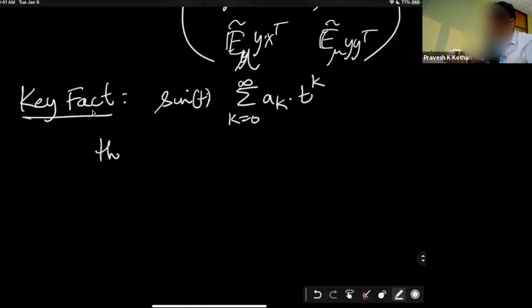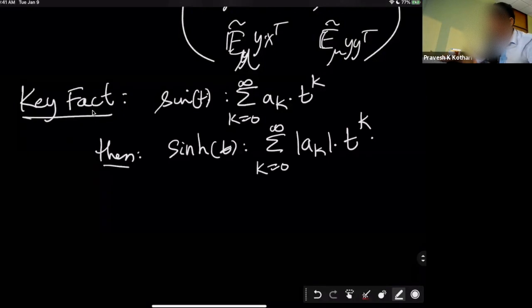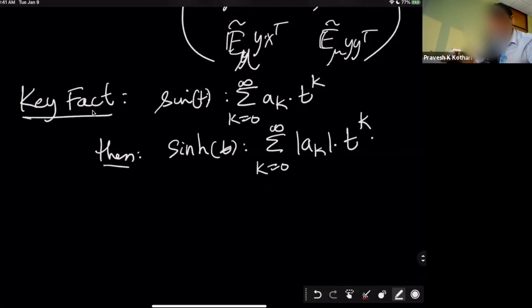Then here's the cool fact: the hyperbolic sine's Taylor coefficients are the absolute values of the coefficients in the Taylor series of the sine function. This is the key fact dictating why we should have the hyperbolic signs on the diagonal. So now you at least see some reason behind why these weird functions are appearing, especially entry-wise.